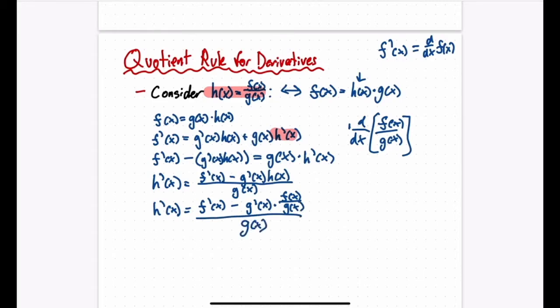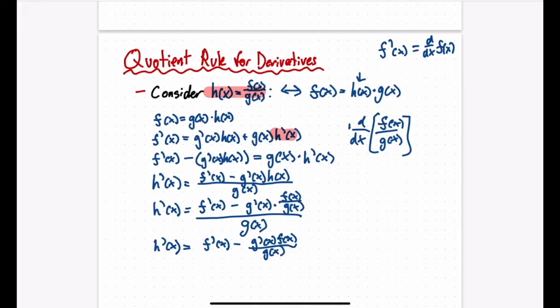Now, this whole thing is getting a little bit gross, but we can rearrange this so it's f prime of x minus g prime of x times f of x over g of x, like that.